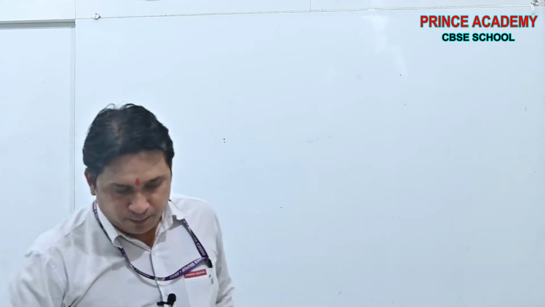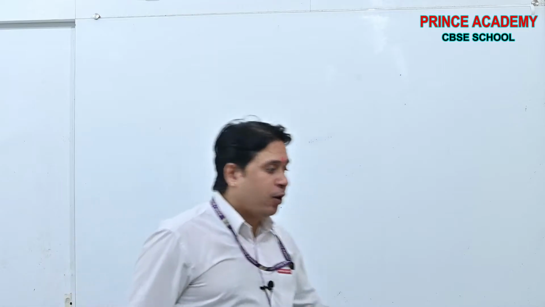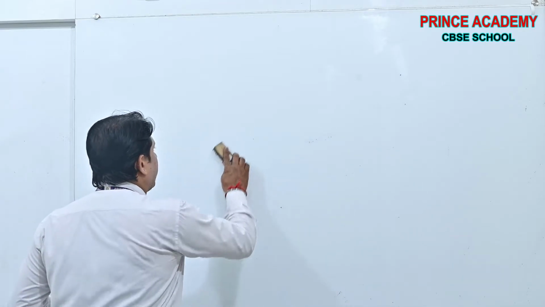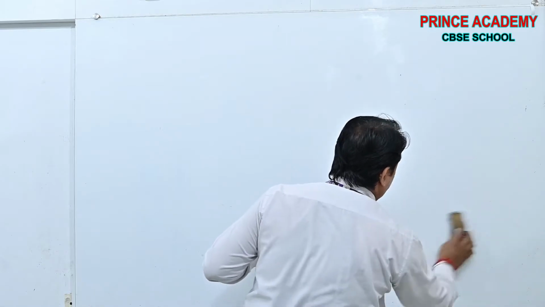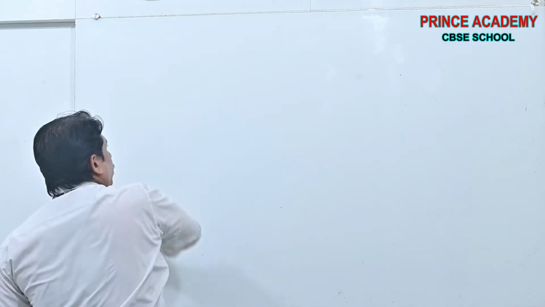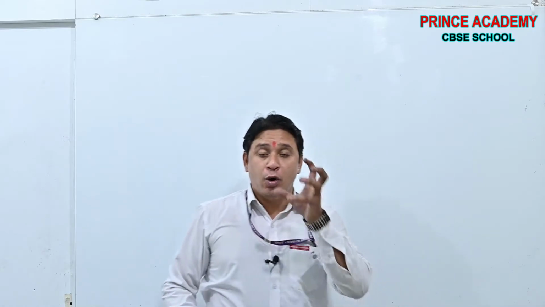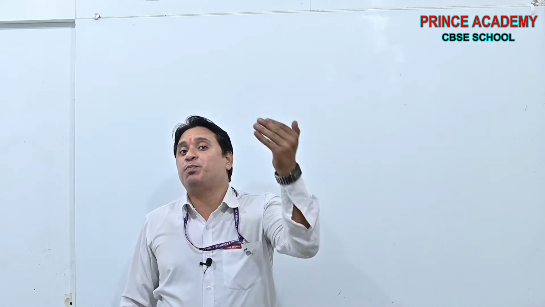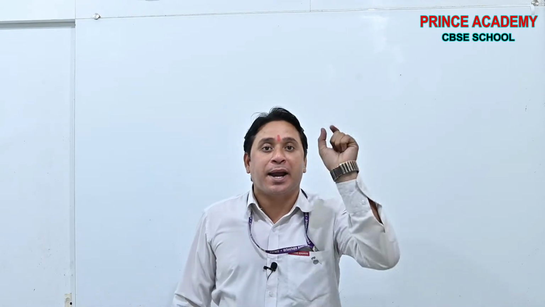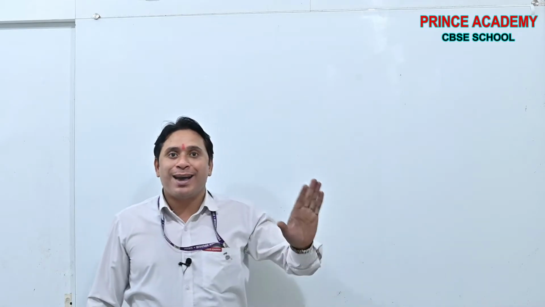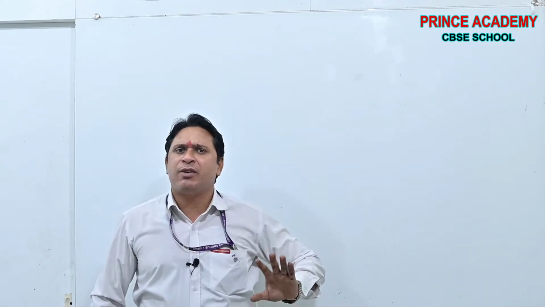In this lecture, first of all, we will learn exercise 1.4, and after that, I will make you understand the shortcut trick to express a repetitive decimal expansion in terms of p by q form. In the first half, exercise 1.4 has only two questions, very simple.